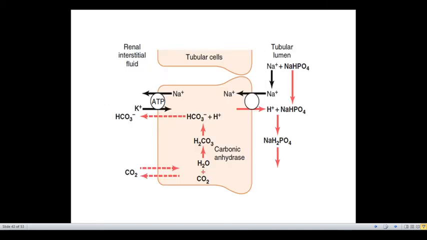This diagram shows the buffering of excess secreted hydrogen ions by the filtered phosphate. Note that a new bicarbonate is returned to the blood for each sodium hydrogen phosphate that reacts with a secreted hydrogen ion.